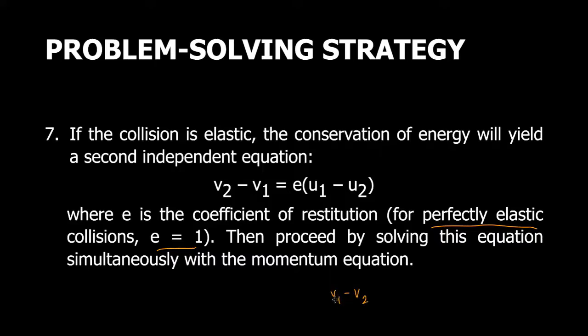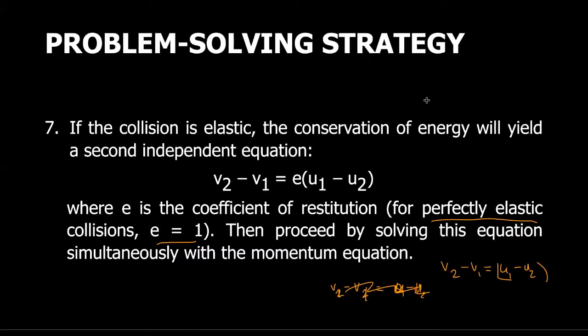So V sub 2 minus V sub 1 equals U sub 1 minus U sub 2. That will be our second equation, and this is solvable with your initial values.